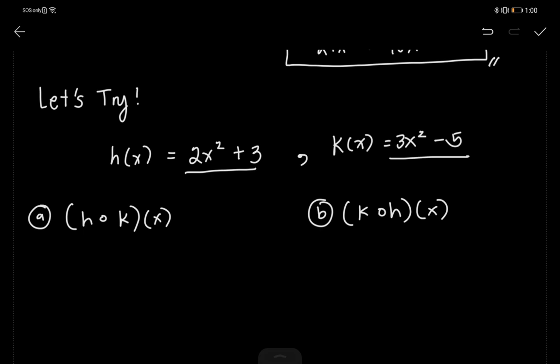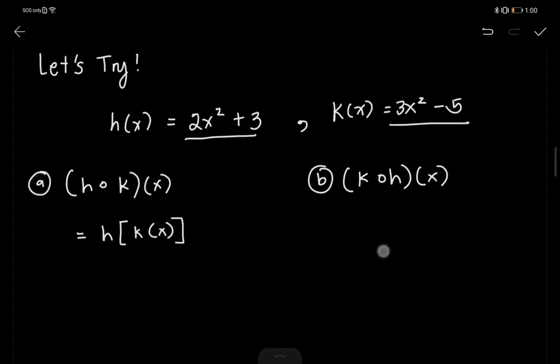Okay, so this time, let us check. We have here h composite of k of x. It means that the k of x will serve as the input of your h of x. So we can represent this in this manner: h composite of k of x. We have to write first our h function, which is 2x squared plus 3.